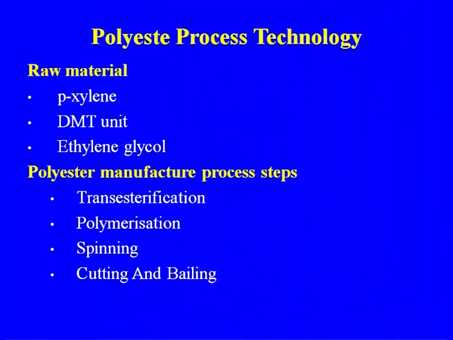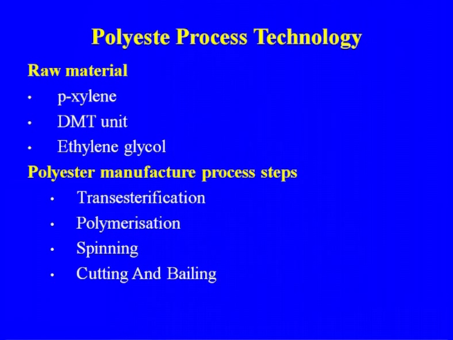Now, let us discuss the polyester process technology. What are the various steps involved in making polyester? Here the raw material, as I told you, is paraxylene, which gives DMT or the PTA unit, and then ethylene glycol.